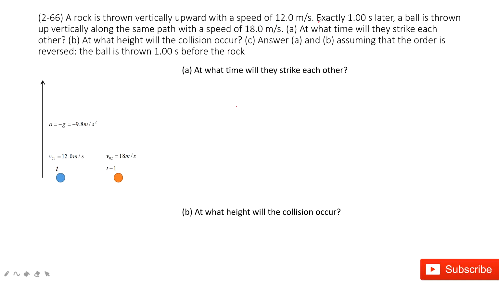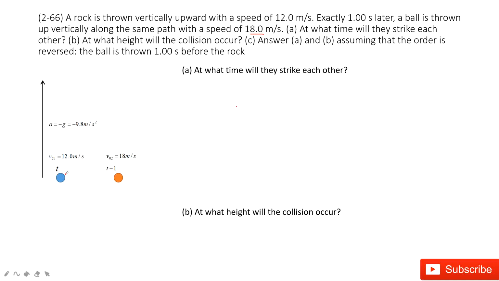Exactly 1 second later, a ball is thrown up vertically along the same path with a speed of 18 meters per second. So the initial velocity for object 2 is 18 meters per second, and the time taken for object 2 is t minus 1 because it's 1 second later.